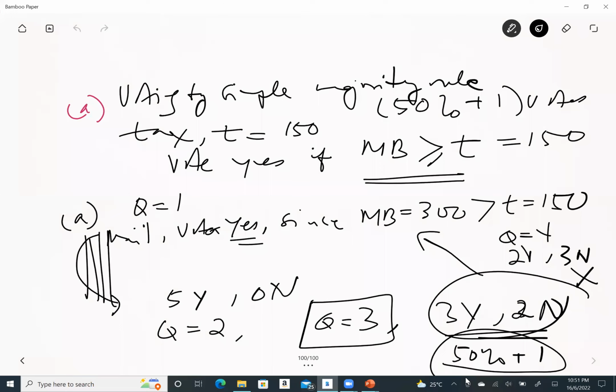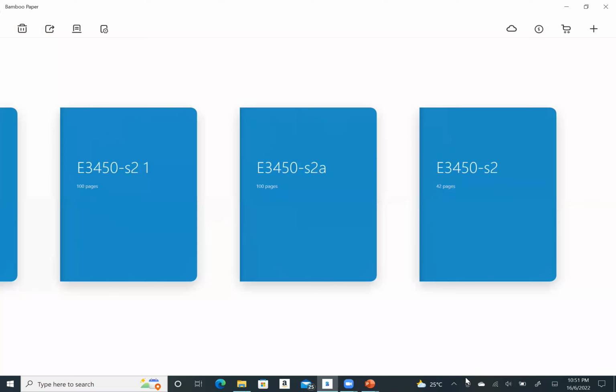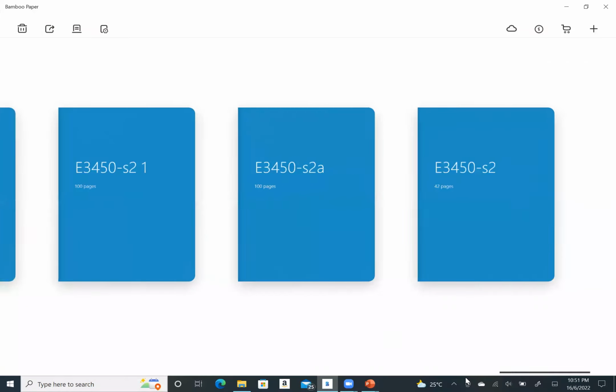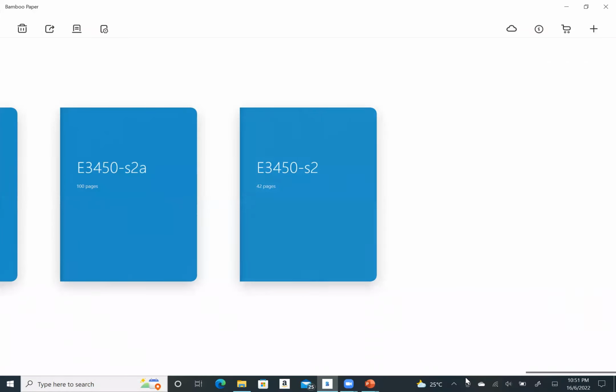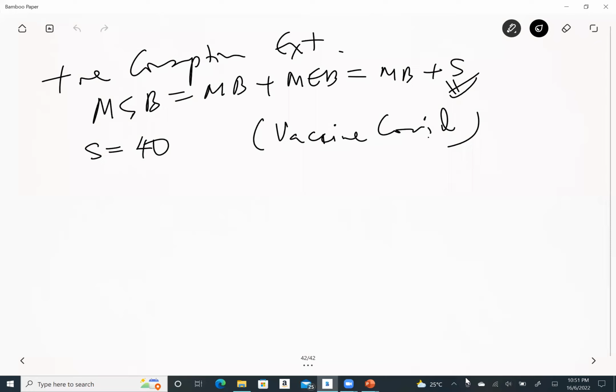I got to move. I got to use another 300 page here. So I got to open up another note. Okay, a few more minutes. Okay, a few more minutes. This one is different.